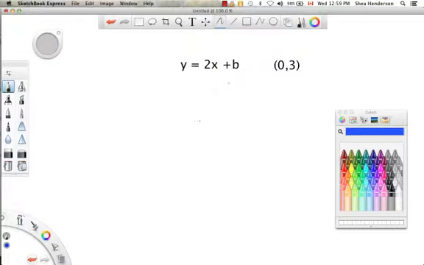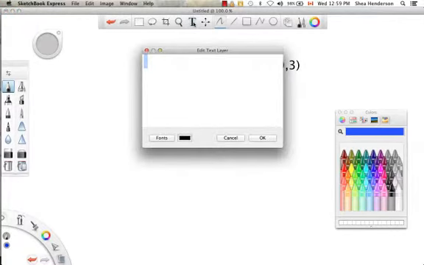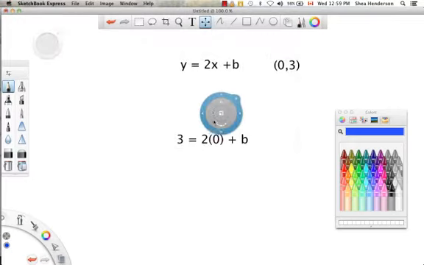We do know what x and y are on one point, so we can plug that in. So y is 3, and our slope, or our m, was already there, it's 2 times x, which was 0 in this case, plus b. So that's the next step in our equation.